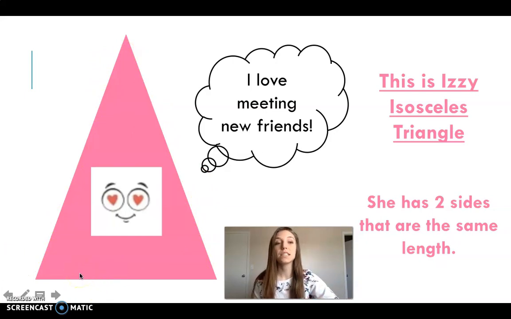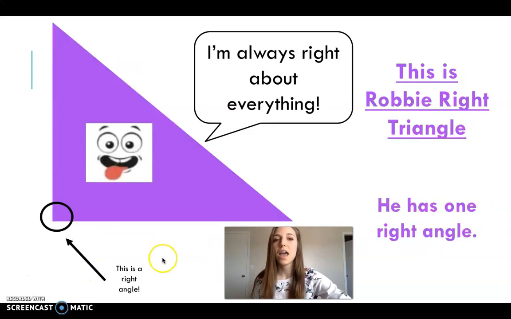So Isosceles has 2 sides that are the same length. She's different from Sammy Scalene because Sammy Scalene has 3 sides that are all different, but Isosceles has 2 that are the same. Okay? And finally, we're going to meet Robbie Wright Triangle.